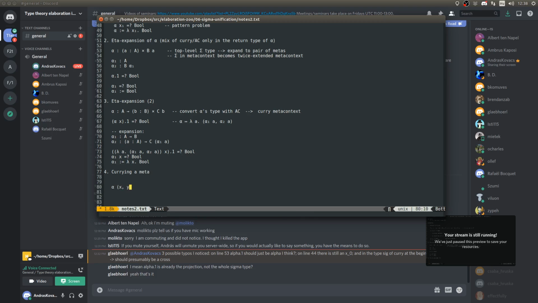So I have an alpha which is applied to a pair. So in this case, alpha has some sigma type. Let's just write for simplicity just a pair type. So maybe alpha goes from A product B to A. And then we have this problem.